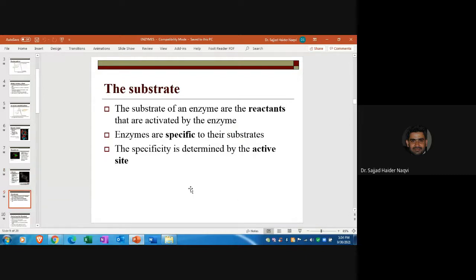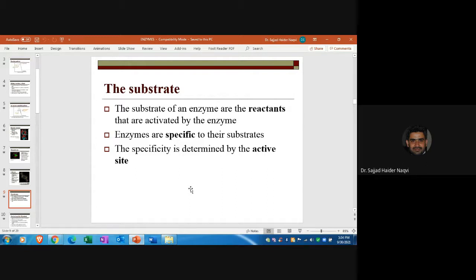The next term is substrate, which I already have discussed, and the substrates are actually the reactants in general chemistry terms. Substrates of an enzyme are the reactants that are activated by enzymes, or in other words, going to be transformed into product. So enzymes are specific to their substrate.